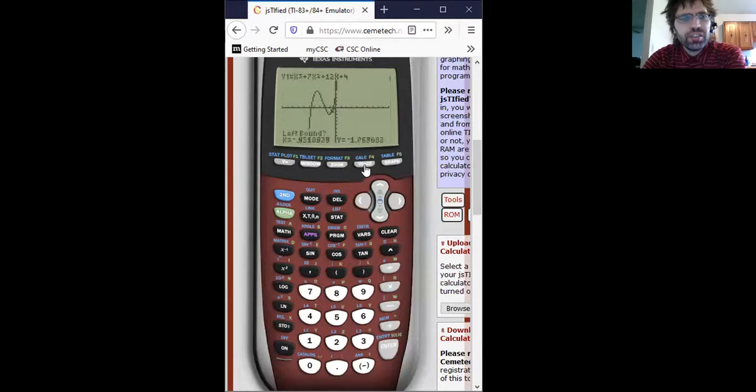If it is, we can certainly do synthetic division with -2. And it is a root. This 1e negative 12, 1 times 10 to the negative 12, that is 0. There's just a little rounding error.